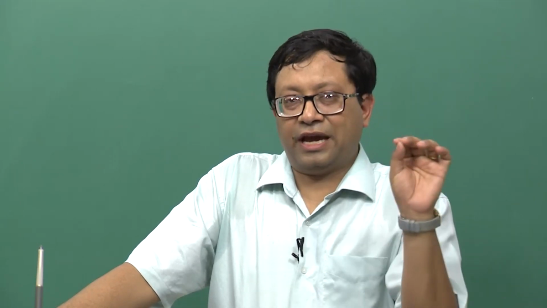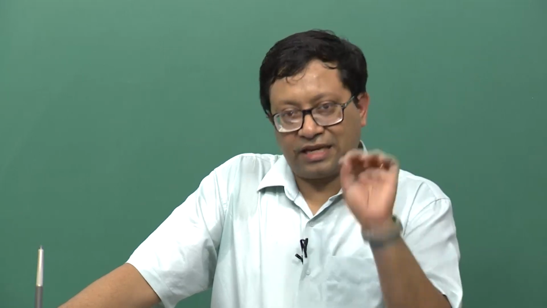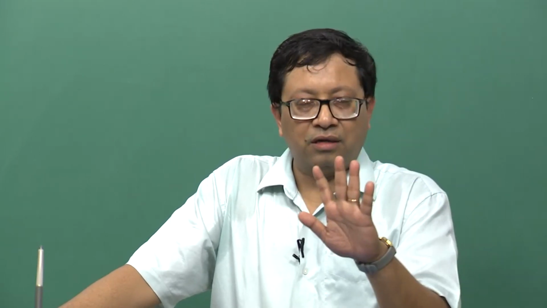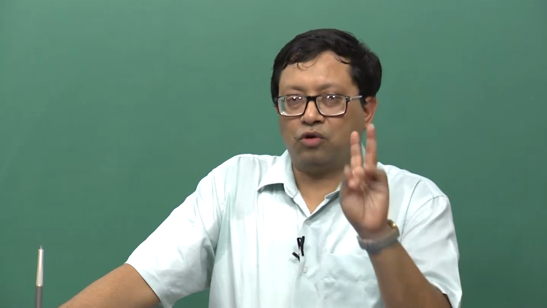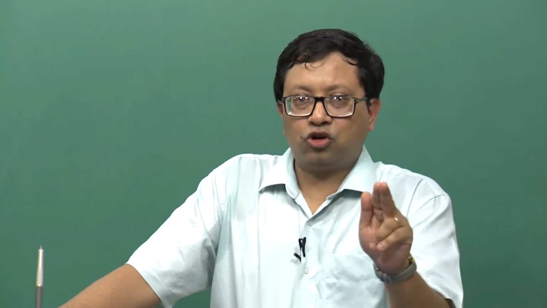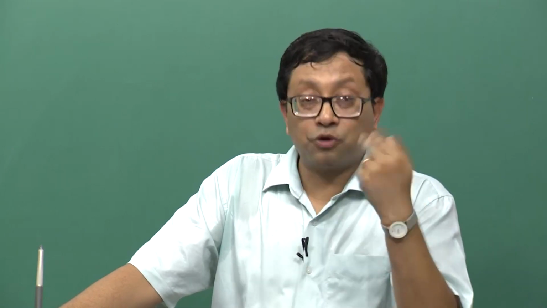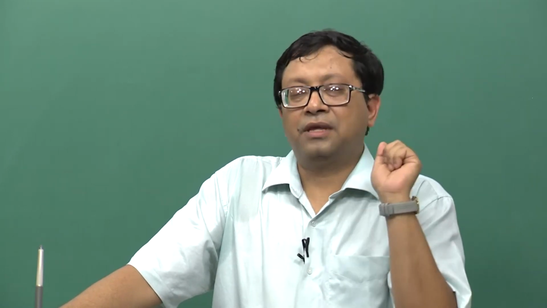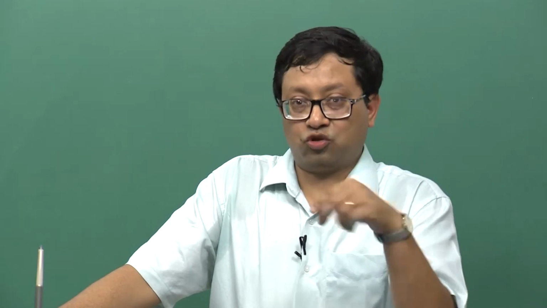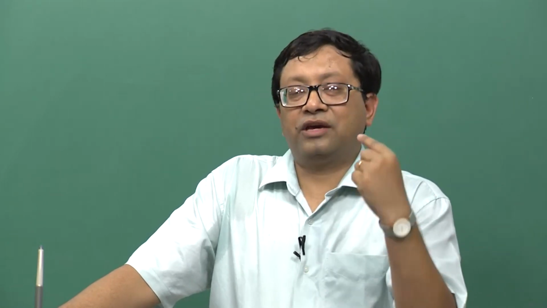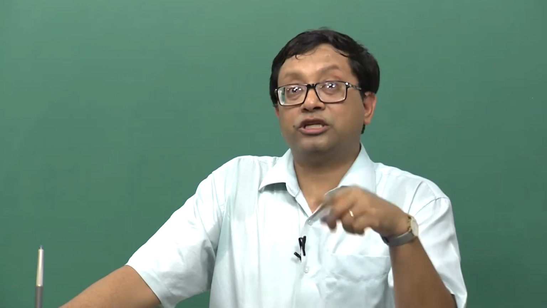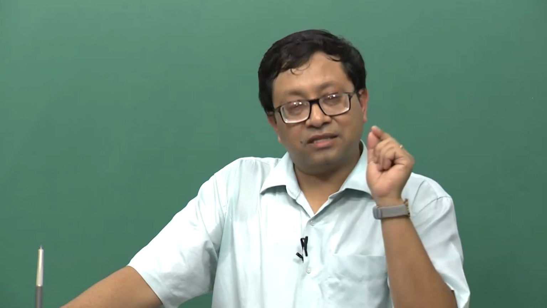Another case is H A is true and you prove that H A is true, so there is no error. The error only comes on 2 occasions: H naught is true and you prove that H A is true, that means you disprove H naught, case 1. Case 2 is H A is true and you say H naught is true, that means you disprove H A, and in that case there is the other error.